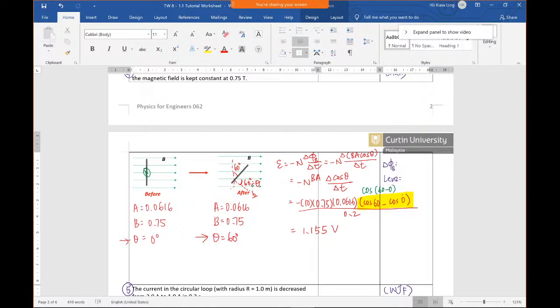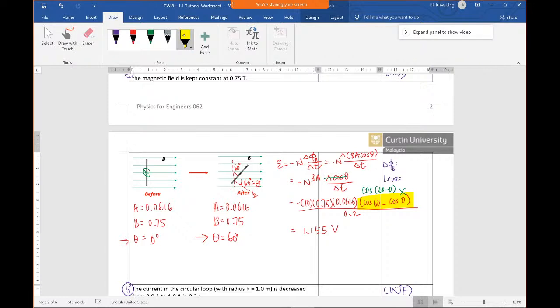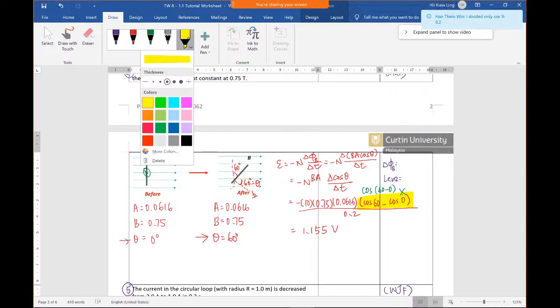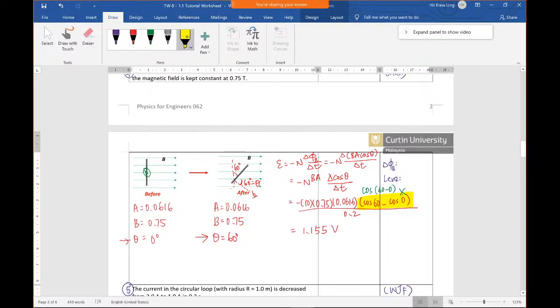In fact, it is not, because the delta applies to the whole thing, so you have to do cos 60 minus cos 0. So this is wrong.